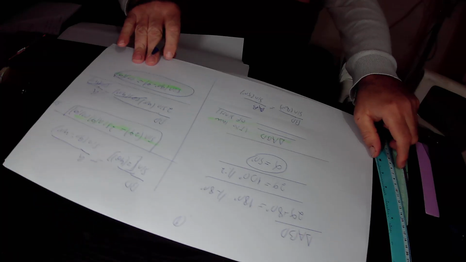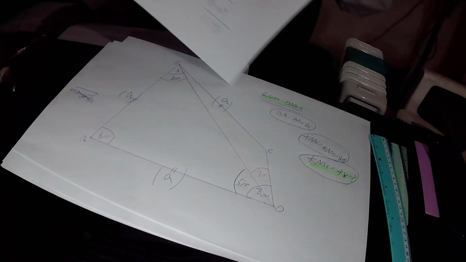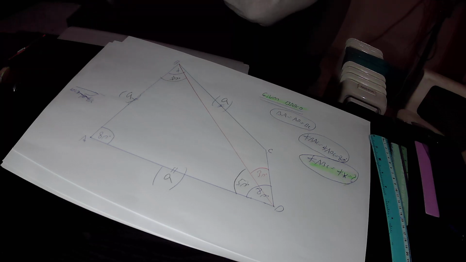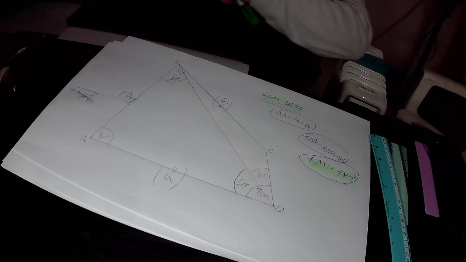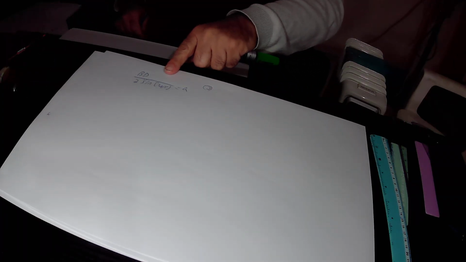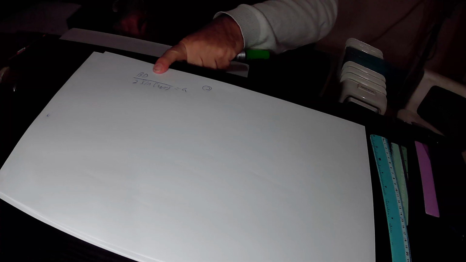Again, we found that BD over 2 times sine 40 degrees equals A. Here we multiply this equation by 2 times sine 40 degrees.